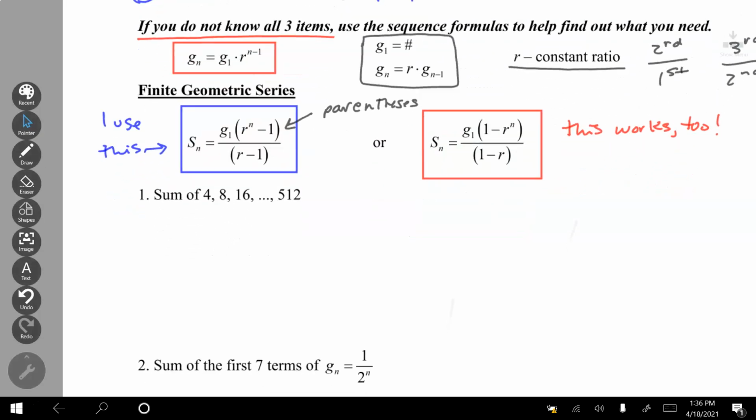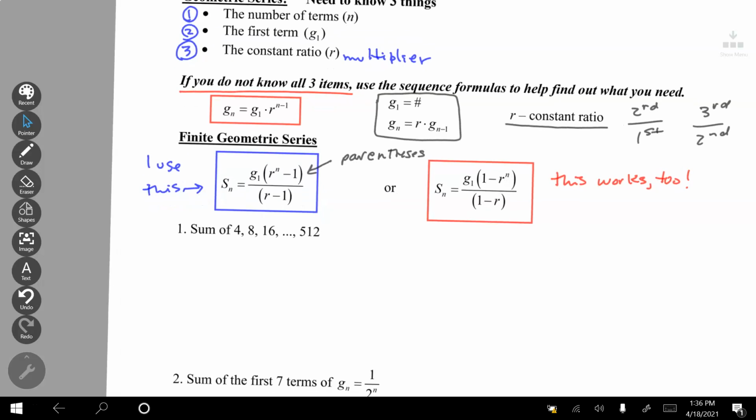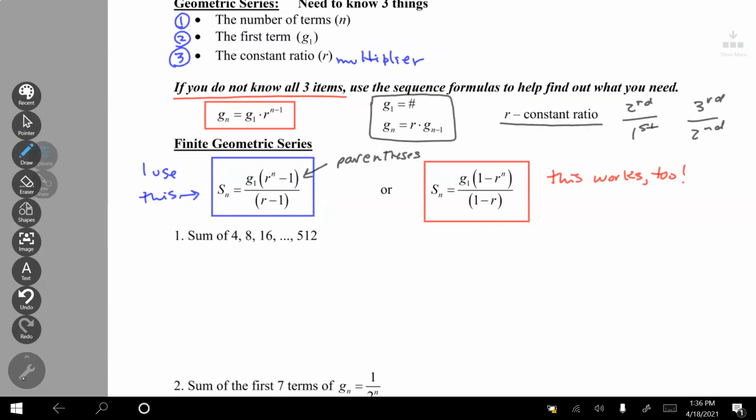So let's talk about an example. The three things I need to know are the number of terms, the first term, and R. Right now I don't know the number of terms. My first term, I definitely know, is 4. And if you don't see the pattern for R, to me the R is times 2, times 2, times 2, so the R is 2.